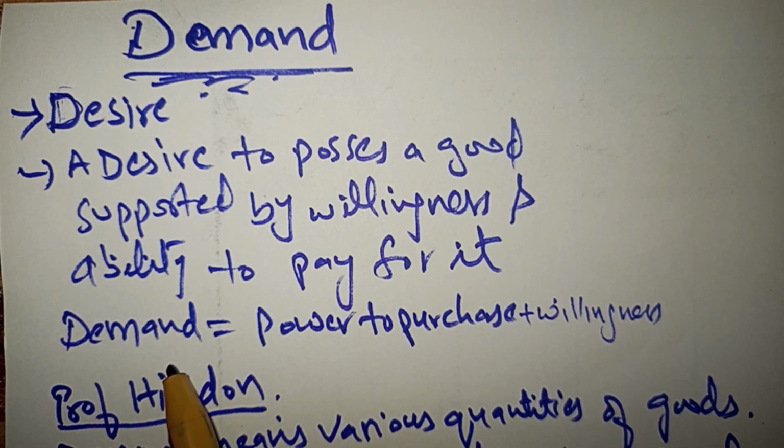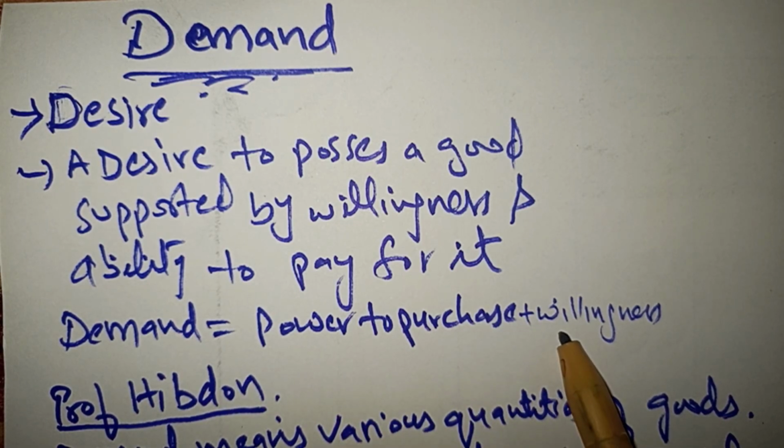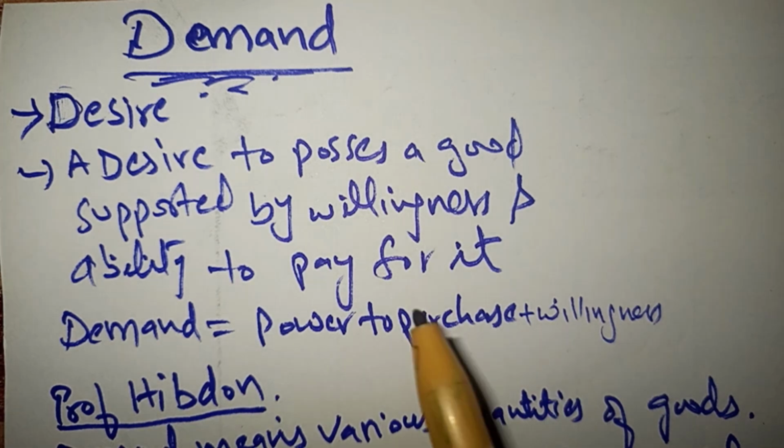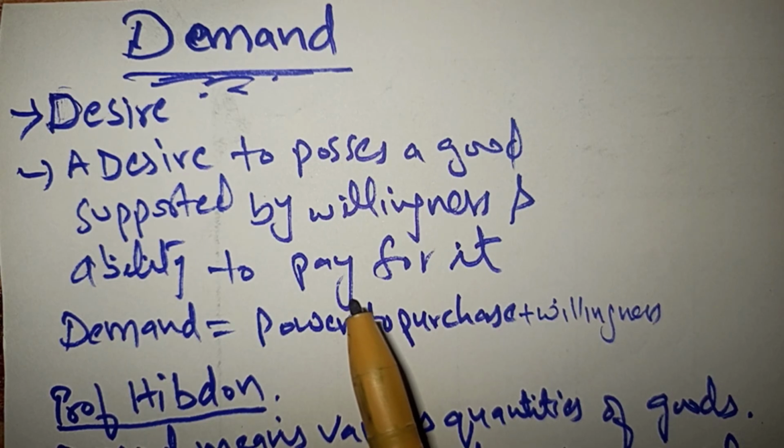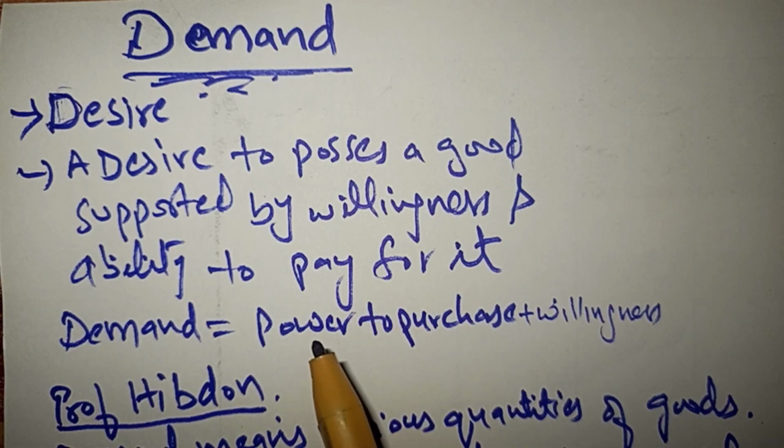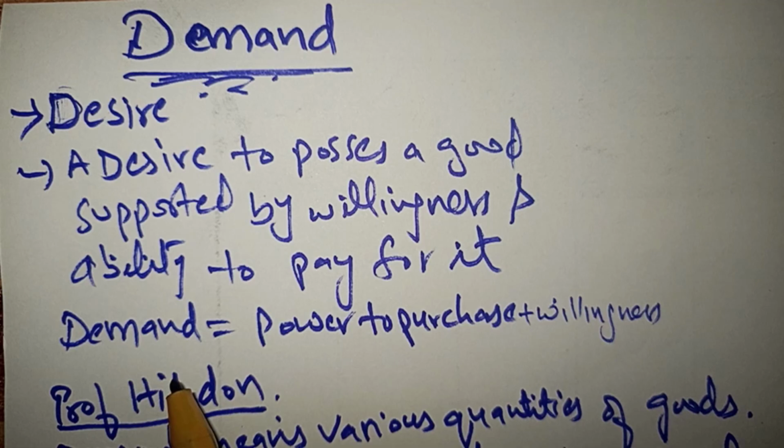It means demand is equal to desire plus purchasing power plus willingness to spend the money. It means that demand is basically a desire, but to make a desire a demand, we need two things.